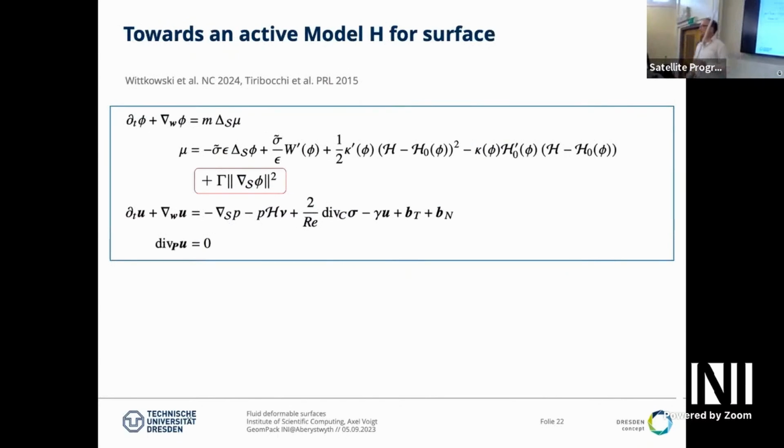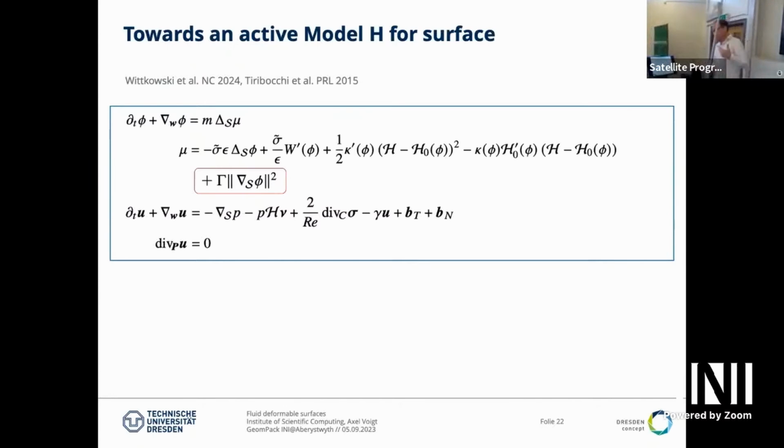Also in this model, one can add active terms, and there is this active model H introduced by Mike Cates and others in 2D as an effective model to describe something like motility-induced phase separation and so on.